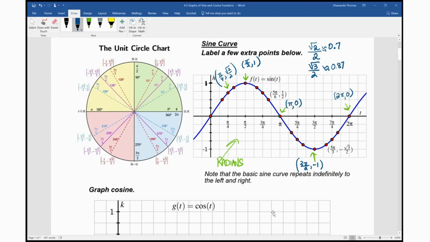Let's talk about some eventually what they're going to say are some key points. Okay. So what are the x-intercepts on this graph?